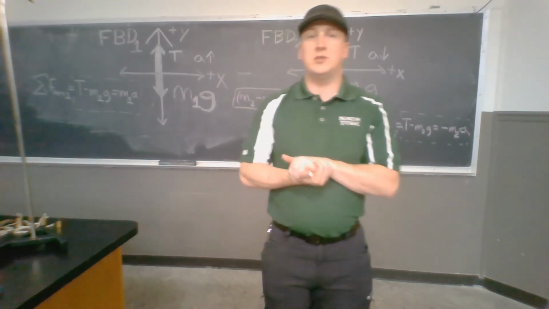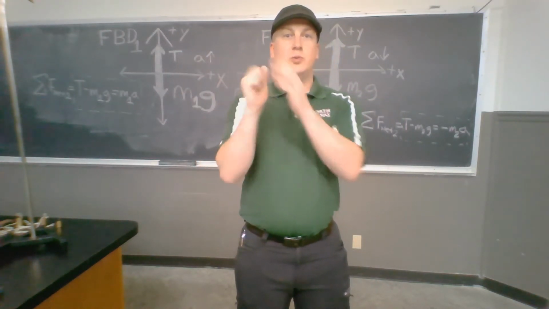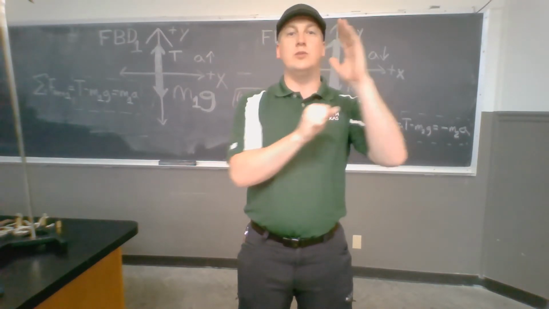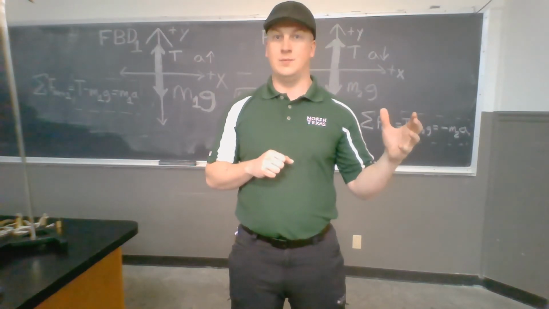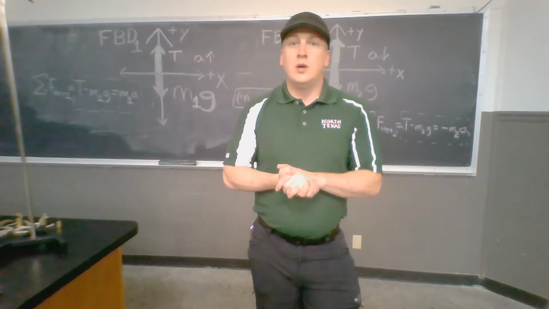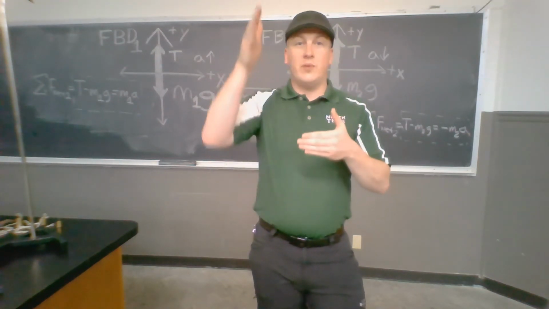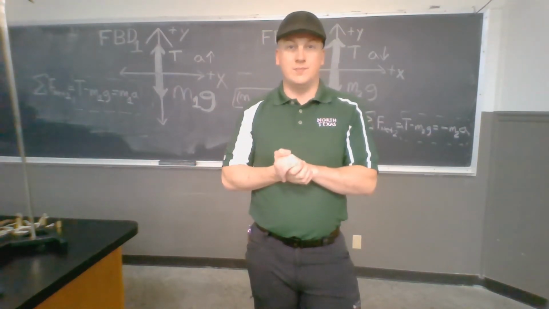Typically in physics we say the sum of the net force is equal to all of the forces in that one direction, which equals that mass times that net acceleration in that direction. But remember that forces are vectors. In this case, what's really nice is that we're only looking in one direction, the vertical direction, or the positive y direction.